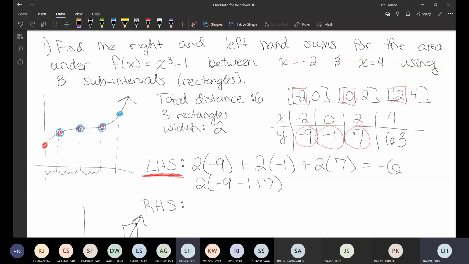So we're not technically done this question yet because we haven't done the right-hand side yet. Any more questions about the left hand? Based on what you have, I did similar to what you have for x and y. I have -2, -1, 0, 1, 2, all the way to 4.